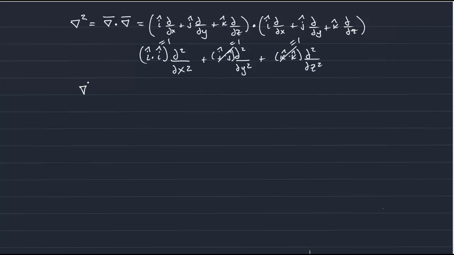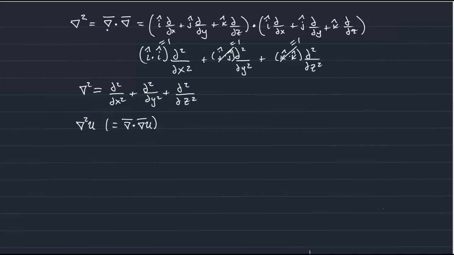So the Laplacian, this del squared operator, is the second derivative with respect to x plus the second derivative with respect to y plus the second derivative with respect to z. So when we take the Laplacian of a scalar quantity, I'd just like to remind you that that's the same as taking the divergence of the gradient of a scalar quantity, right?